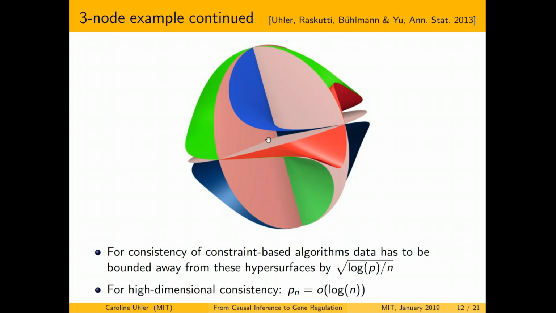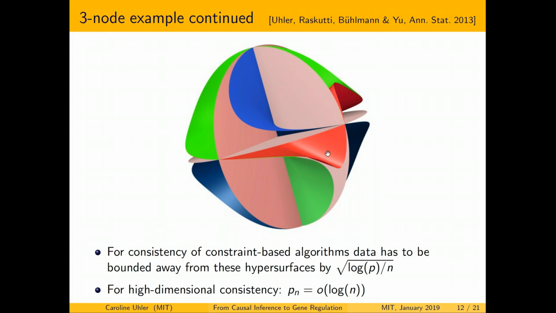Because the more data you have, the smaller the threshold you can use, for example in a conditional independence test, where you're fattening. So the more data you have, the less I have to fatten up all of these hypersurfaces. So that's the explanation here. This tells you a bit about constraint-based approaches, why they need so much more data.